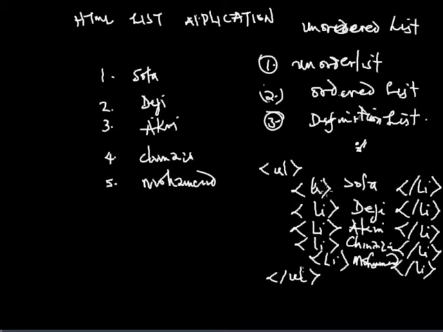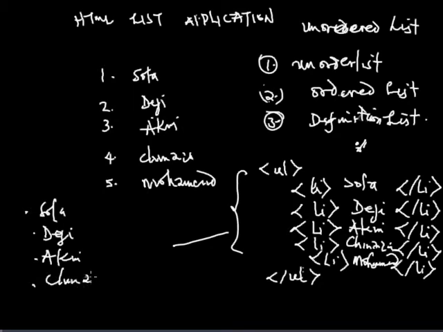What this is going to give you will be in this format: dot Shola, dot Deji, dot Akin, dot Chinaza, dot Mohammed.